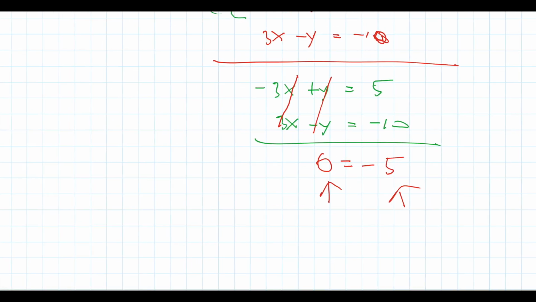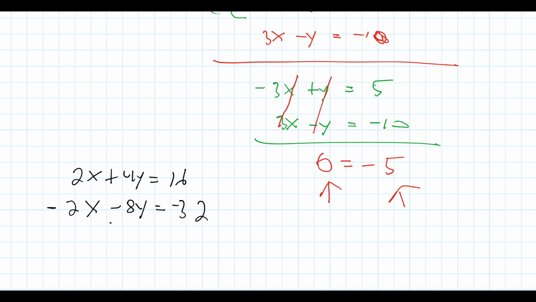But look at this. You could end up with a line like this. That's 2x plus 4y equals 16, and negative 2x minus 8y equals negative 32.